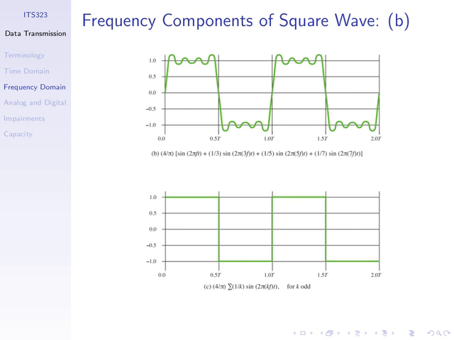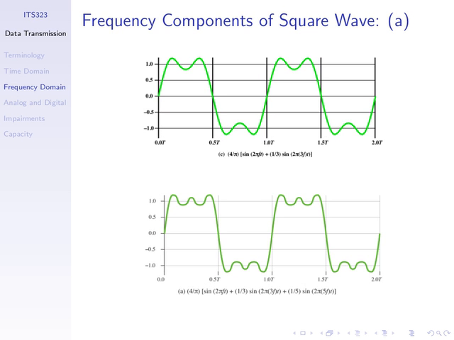This is a general form of our equation that we had previously on this plot. Sine 2 pi ft plus a third sine 2 pi 3ft. Ignore the 4 over pi at the front. Let's give a value to f. In the slides it uses the variable f. Let's give it a value.